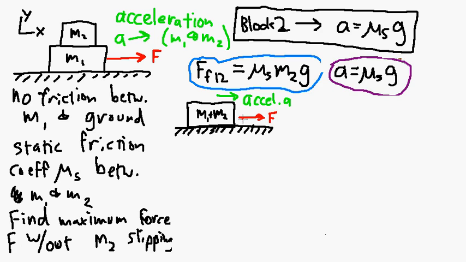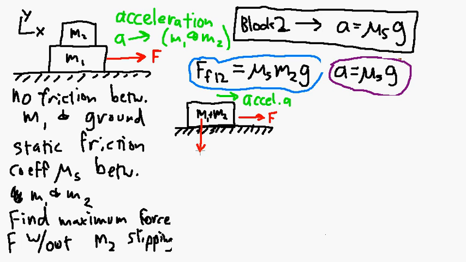If this pair of blocks with a total mass m1 plus m2 is accelerating at this rate, and this is the only force acting on them horizontally, then that must be what's causing the acceleration. Let's take a look. Does this actually work? Can you actually do this? Well, let's watch and find out.